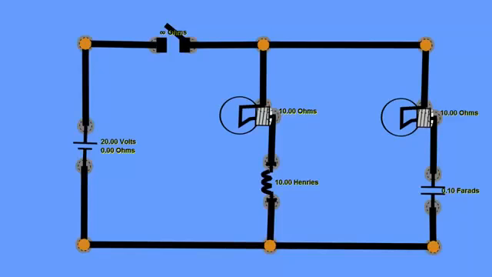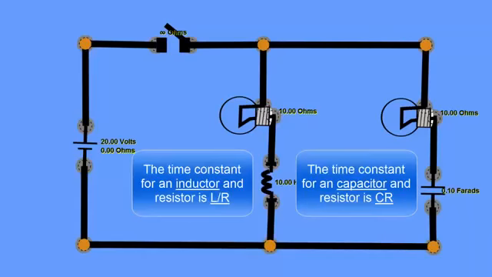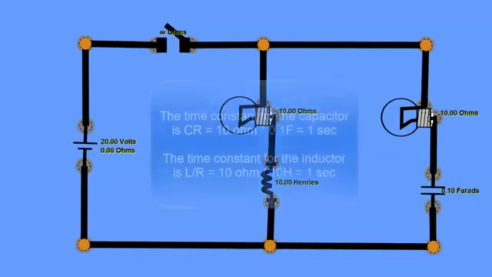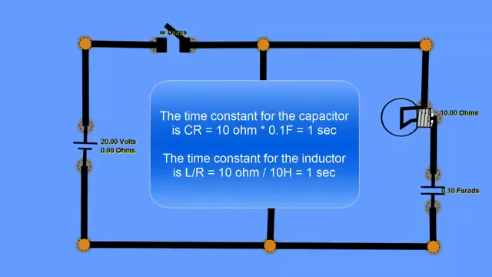Now we know the time constant for an inductor is L over R, and the time constant for a capacitor is C times R. So you should be able to calculate the time constants for both of these, and you're going to find out it's the same time constant for each one. So that means we ought to see something maybe equal and opposite happening to these two light bulbs when we supply power to the circuit.